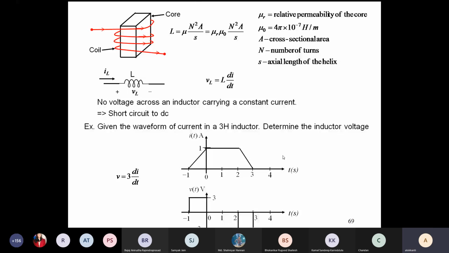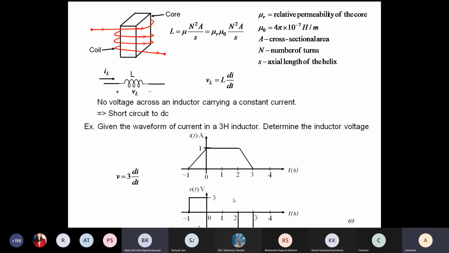The x-axis is the time axis, so the magnitude of the current varies with time. Wherever there is a change in the current, that will induce a voltage in the inductor. Then we can plot the voltage.